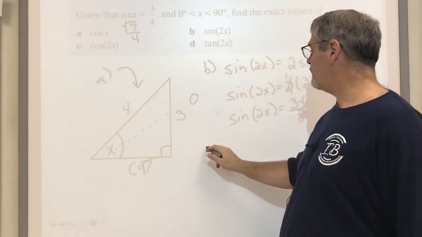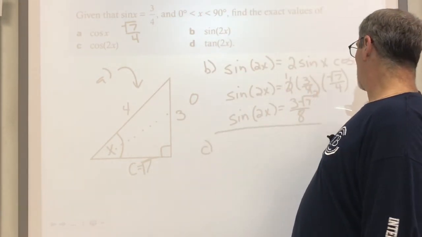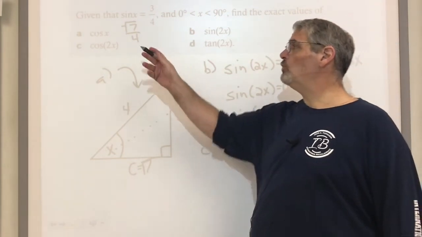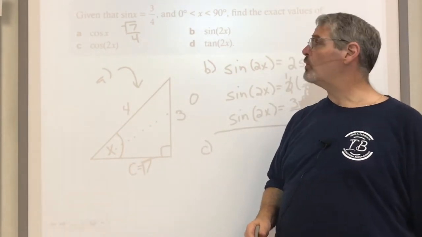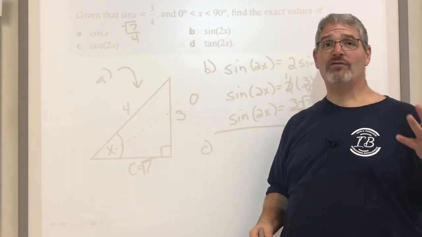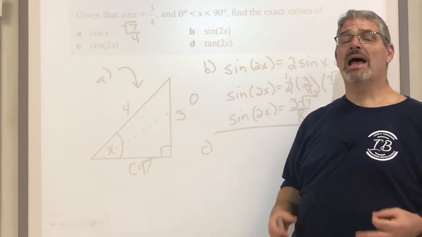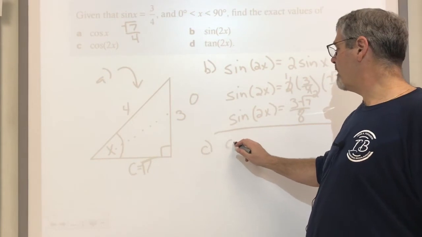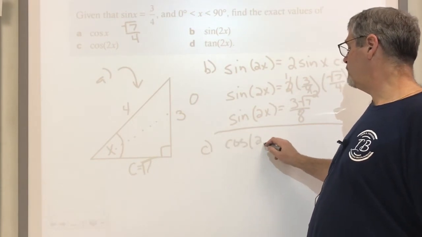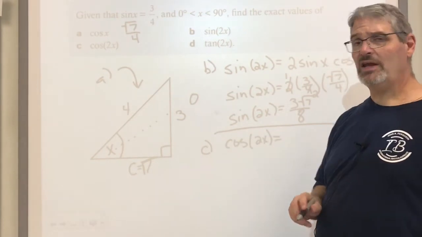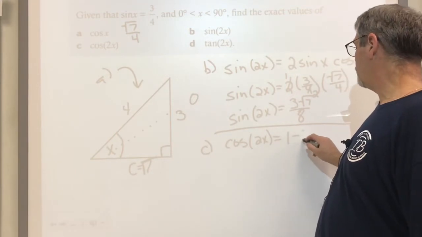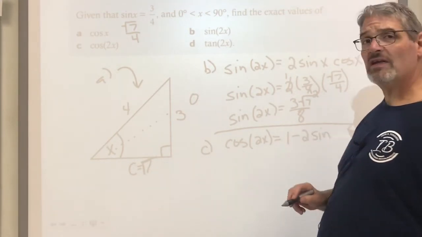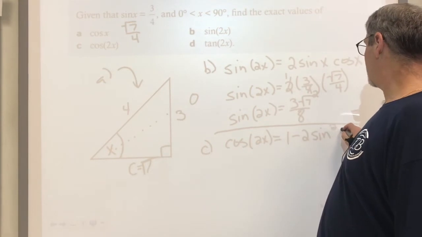Now to figure out part C, I'm going to use the double angle formula for cosine of 2x. Now we have 3 to choose from. I'm choosing to use cosine of 2x is equal to 1 minus 2 sine squared x.